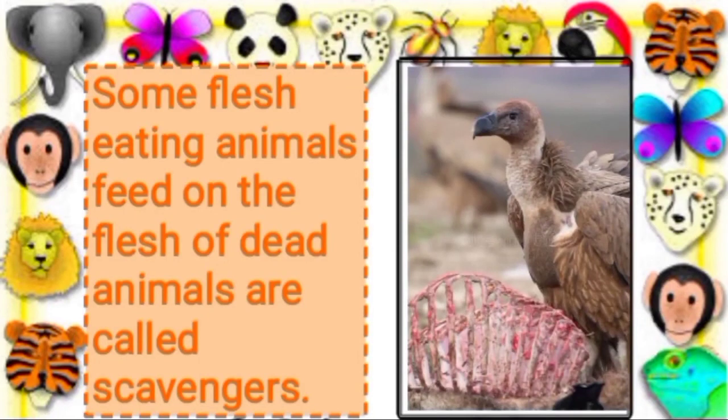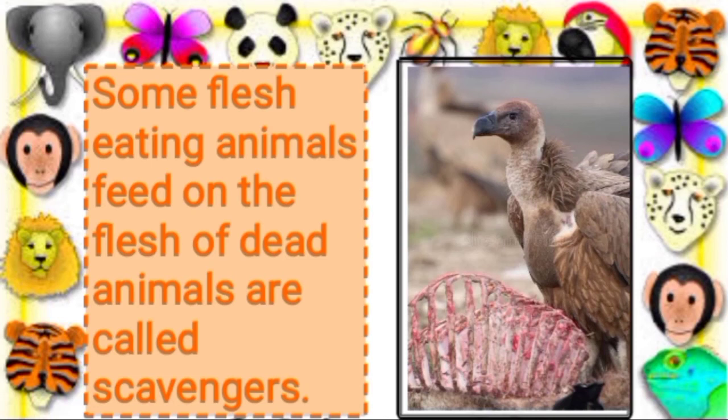Now let's understand about scavengers. The animals who eat dead or decaying plant or animal material are called scavengers. The remains of hunted animals are one type of opportunity for scavenger animals to eat.